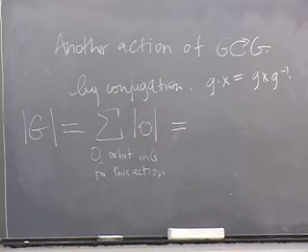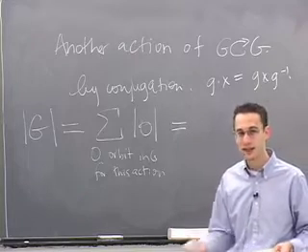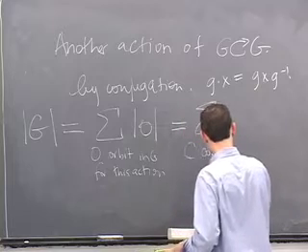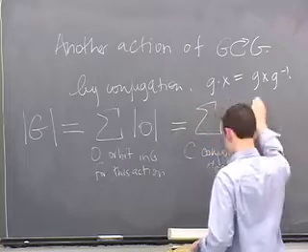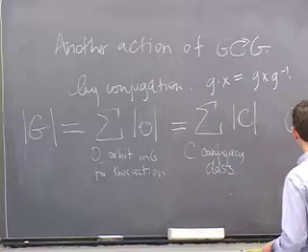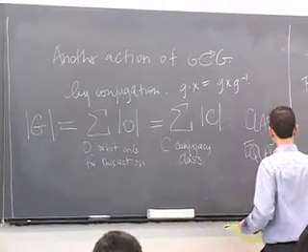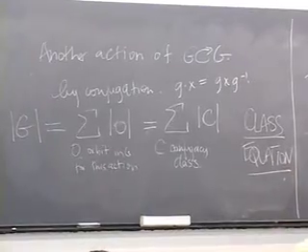But what do we call an orbit in G for the action by conjugation? A conjugacy class. So this is the class equation. You should certainly know this equation and be able to apply it.